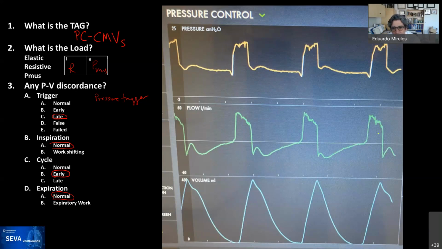All the breaths seem to be the same amount. And then you have obviously the pressure control tag over here that helps you identify for this ventilator what we're dealing with. And finally, this is set point because the pressure remains constant throughout the breath. There's no other intelligence here.